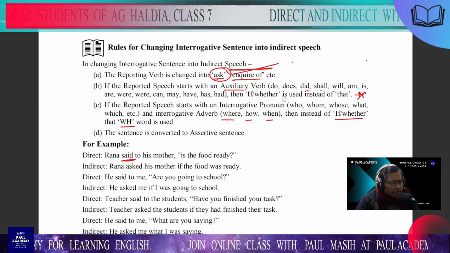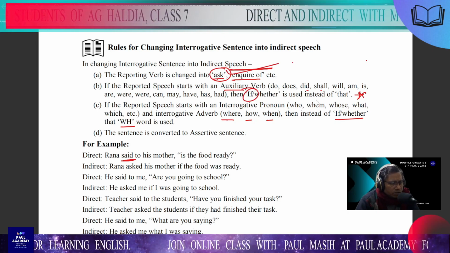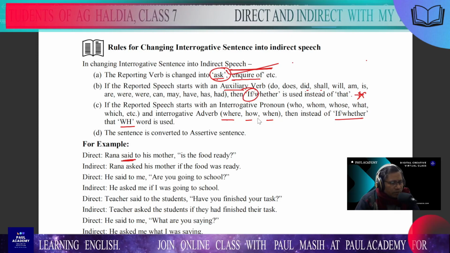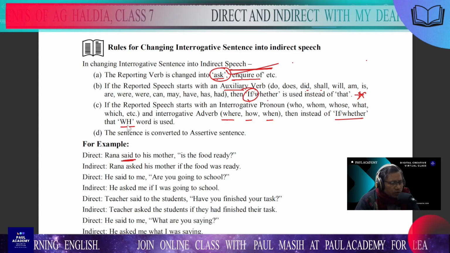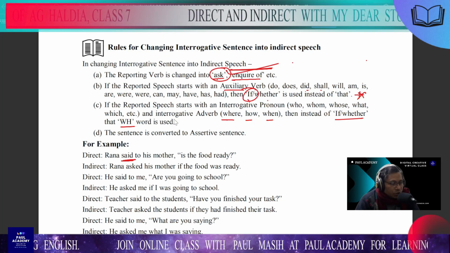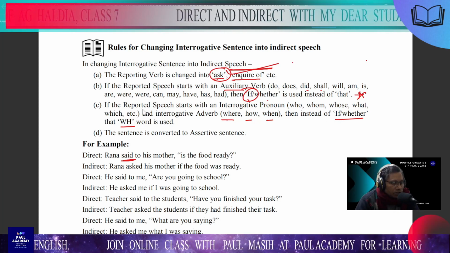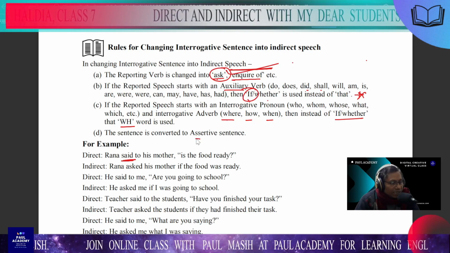If the question is a yes-no question, we bring if to join reporting and reported speech. And if the question begins with a WH word, there is no need of bringing if or whether. We will just use the WH word to bridge the gap between these two speeches, reporting and reported.